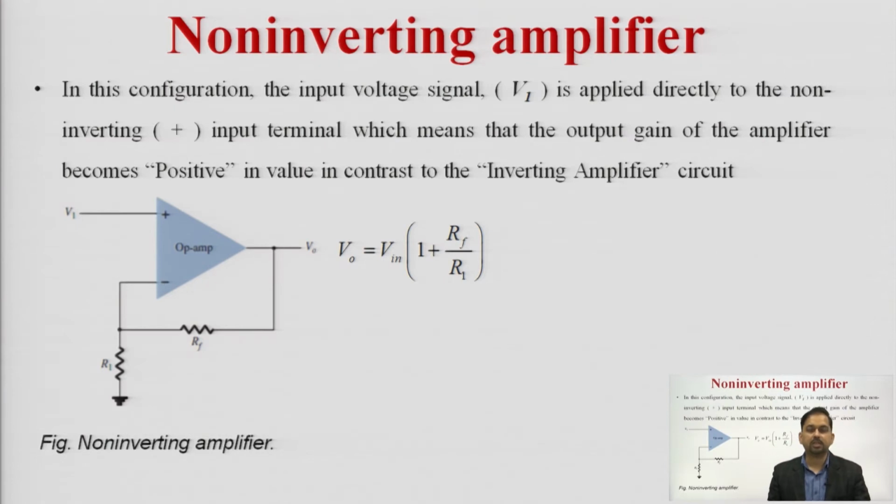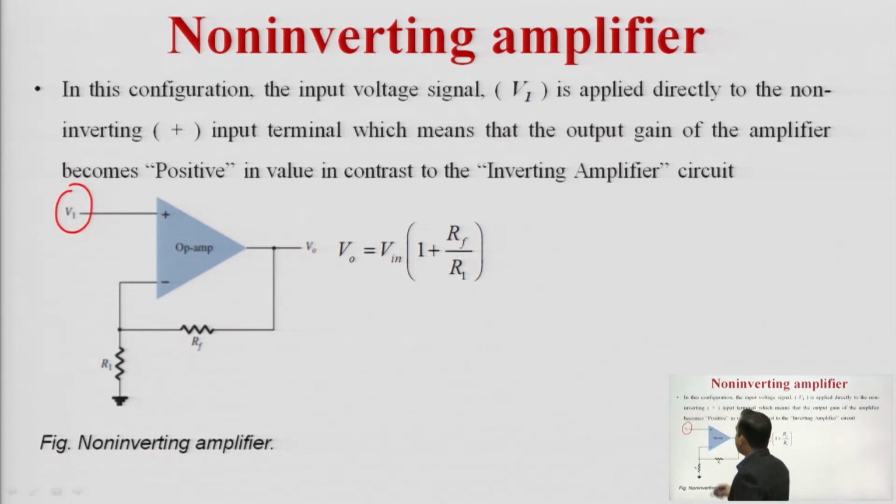Now the next practical circuit is the non-inverting configuration. Whenever the input, let us say Vin, is applied on the non-inverting terminal of the op-amp, then the configuration is known as the non-inverting amplifier.